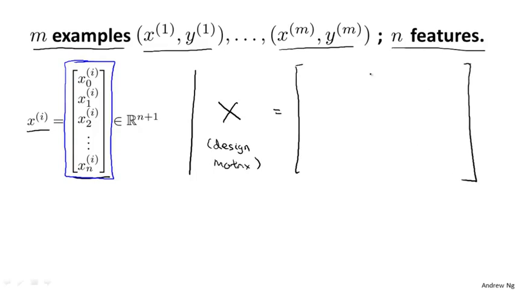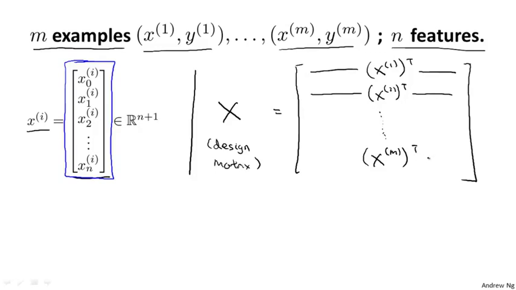And what I'm going to do is take the first training example, so that's a vector, take its transpose, so it ends up being this long flat thing, and make x1 transpose the first row of my design matrix X. Then I'm going to take my second training example, x2, take the transpose of that, and put that as the second row of X, and so on, down until my last training example, take the transpose of that, and that's my last row of my matrix X. And so this makes my matrix X an m by n plus 1 dimensional matrix.